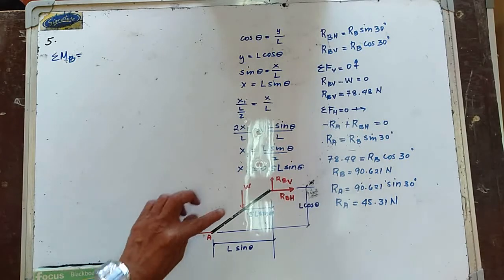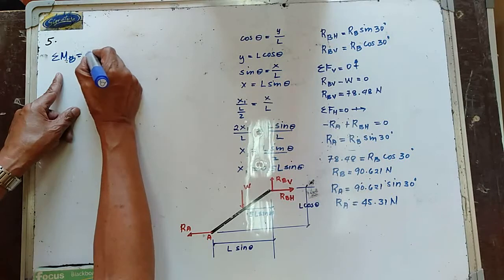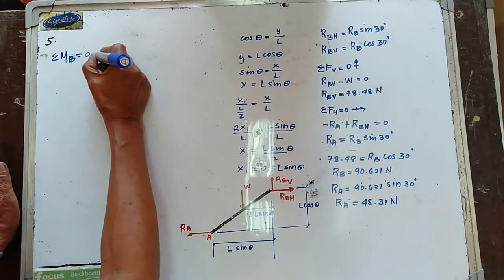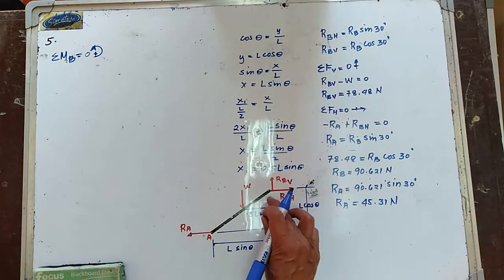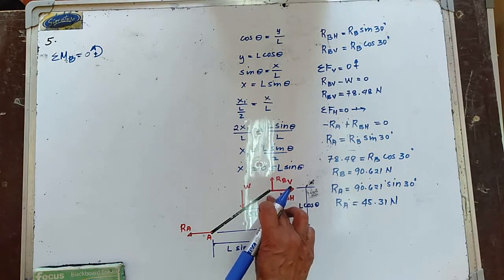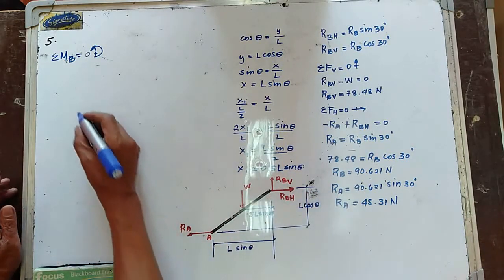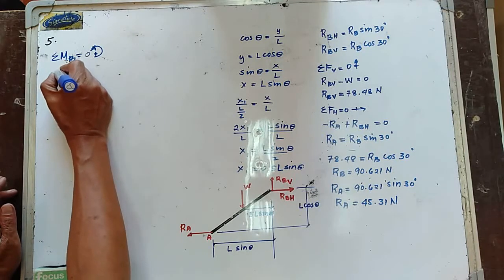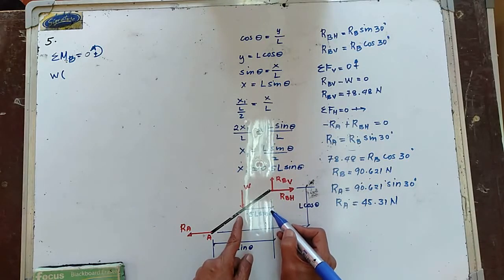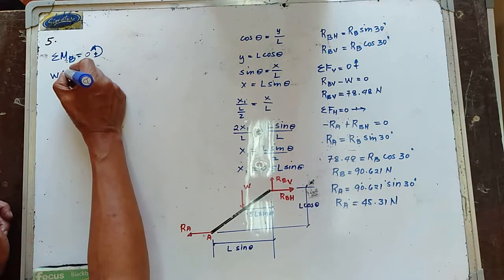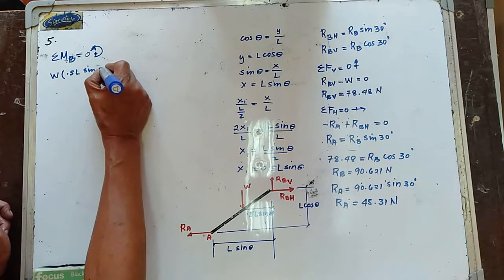Okay, so let's try to get moment about point B. So summation of moment about B is equal to 0. I'm going to consider counterclockwise moment as positive. So we have your W multiplied by the moment arm of W, which is 0.5 L sine of theta.